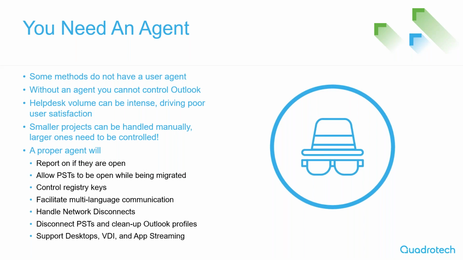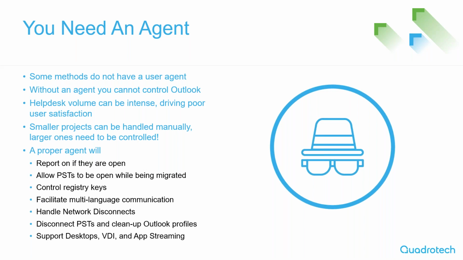This does a lot more than just controlling Outlook, but it really ensures that the user is taken care of, they're getting proper notifications and communication, and it also allows you to handle network disconnects and issues like that. This can really reduce help desk volume, and help desk volume is one of the most expensive aspects of a PST project, so that's quite important.